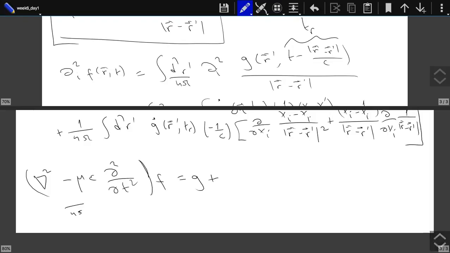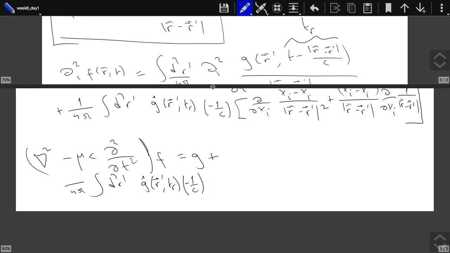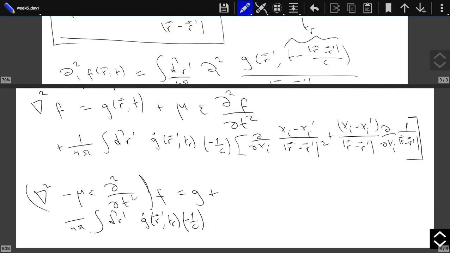Plus 1 over 4 pi d cubed r prime g dot r prime, t_r minus 1 over c. Let's take those derivatives. Now, derivative of xi minus xi prime with respect to xi is 3.